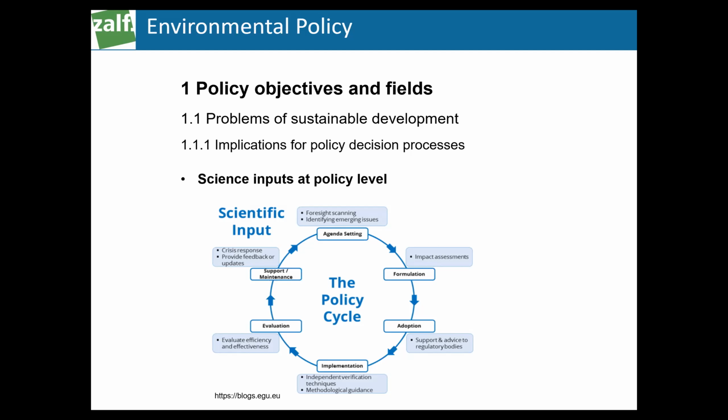It's an obligatory process to conduct an impact assessment, and then a sort of adoption phase, implementation and evaluation of the policy later on, and then support and maintenance activities. That is a typical one. There are more detailed ones, but scientists give also certain inputs for those in terms of what we had. Just an example, this modeling task, the pesticides policy simulation, which I presented the last time.